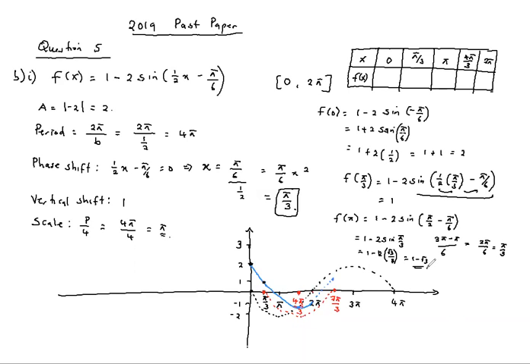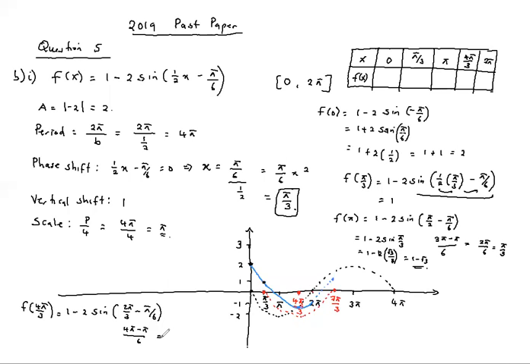So you also do f of 4 pi over 3. That will be 1 minus 2 sine. Remember there's a half here. So it will be 2 pi over 3 minus pi over 6. So 6 down, we get 4 pi minus pi over 6.